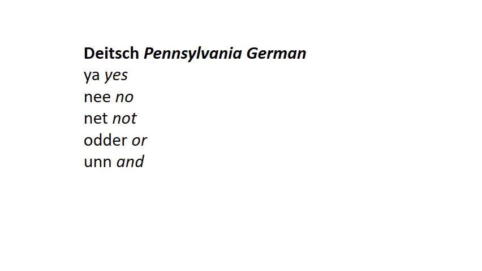Okay, now we're ready to start building up some of our Deitsch vocabulary, our Wadde, or words. The word for Pennsylvania German, we've used it already, is Deitsch. I recommend you pronounce the word after me. That'll help you remember it. Ja means yes.